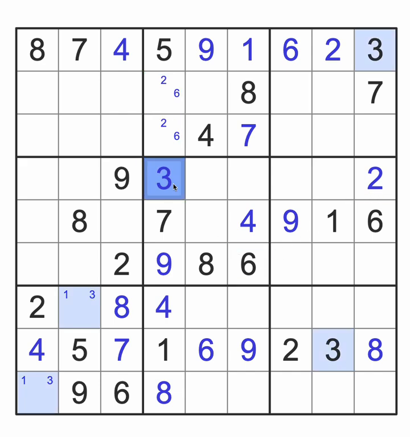Either way, that gives me 3 here, which blocks these, gives me 3 here. And 2 blocks these, gives me 2 here. These are down to 1 and 5. 1 blocks this cell, gives me 5, and this is 1. And these will be 3 and 5.